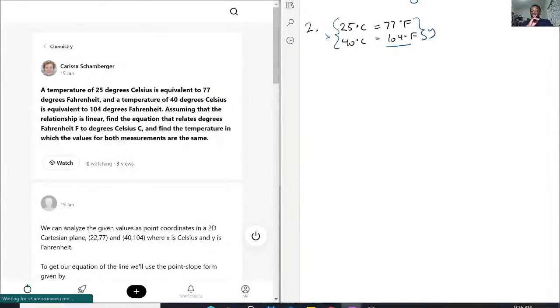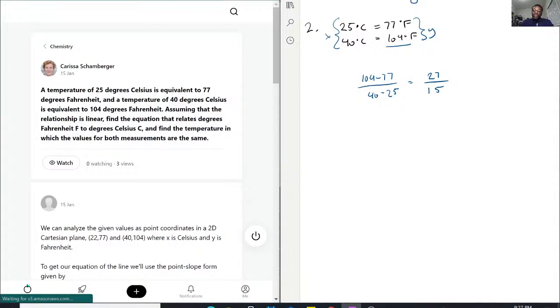So in order to find the slope, what I have to do is the rise over run. So it's going to be 104 minus 77 divided by 40 minus 25. And this is all to find the slope of this relationship between Fahrenheit and Celsius. So 104 minus 77, we have 27. And 40 minus 25 is 15.